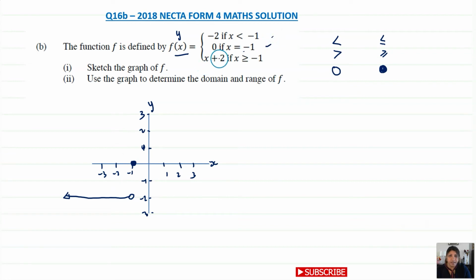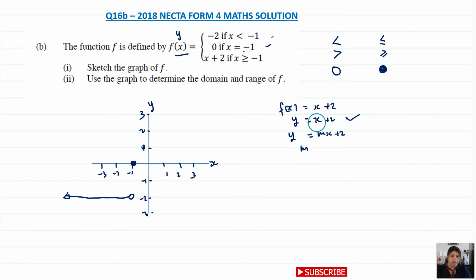Next part, when f(x) is equal to x plus 2, x is greater than or equal to -1. Somewhere along here, we need to make some points. So f(x) is equal to x plus 2, so we can say y is equal to x plus 2. If you compare that with y equals mx plus c, because this is just the equation of a straight line, what is m again?